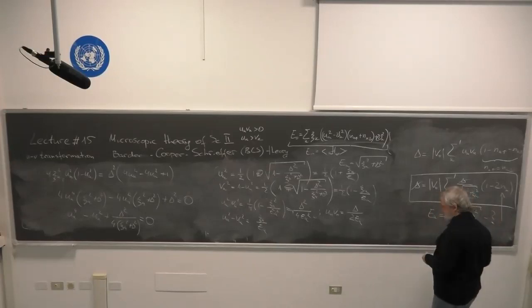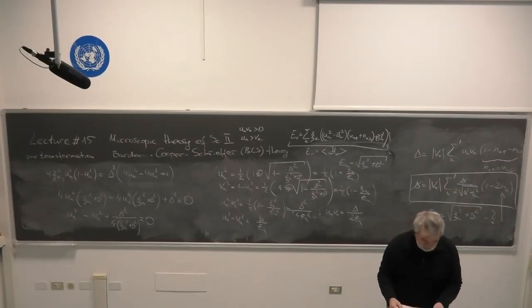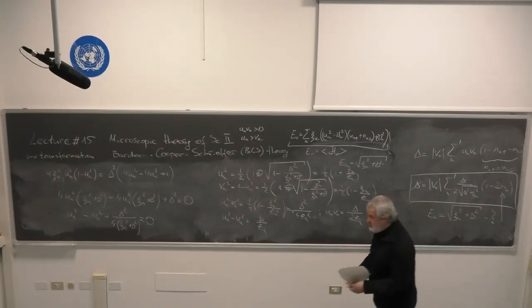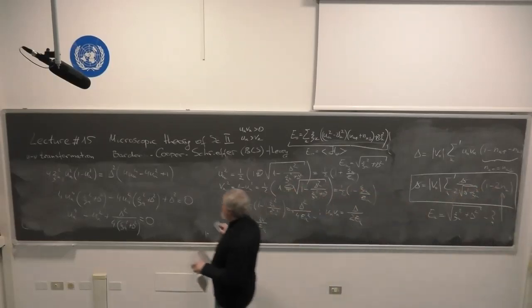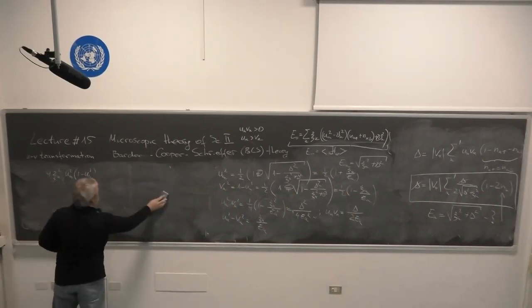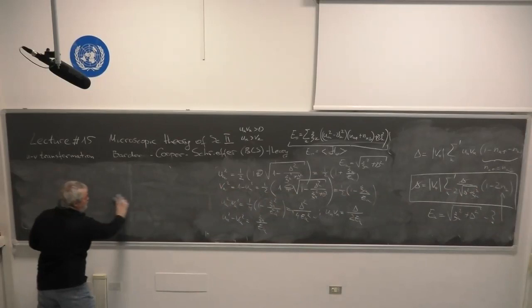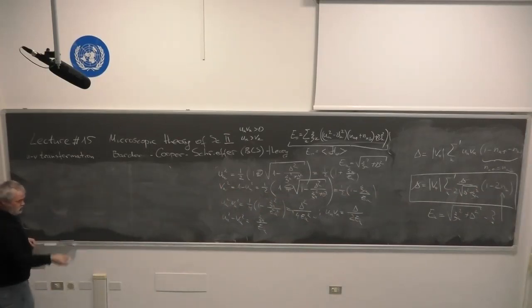What is Ek? Okay, we follow the Fermi liquid theory basis, and by definition, if we are interested in the dispersion of new fermions, which I denote B, I will call it E tilde k up.